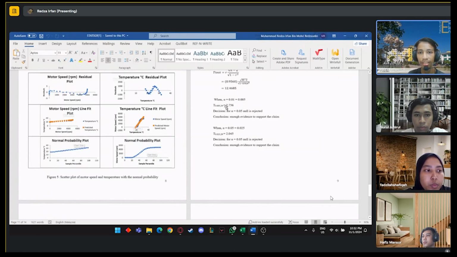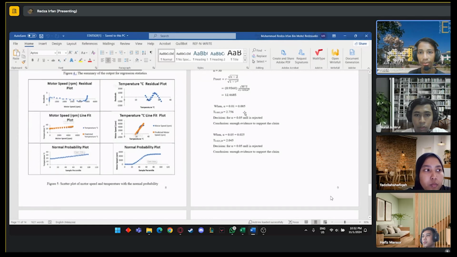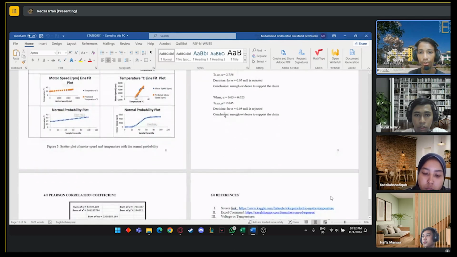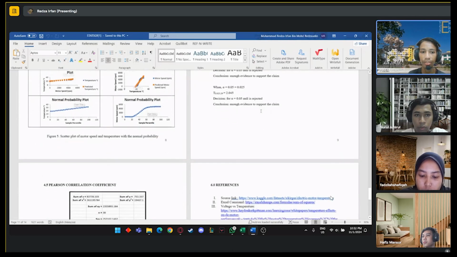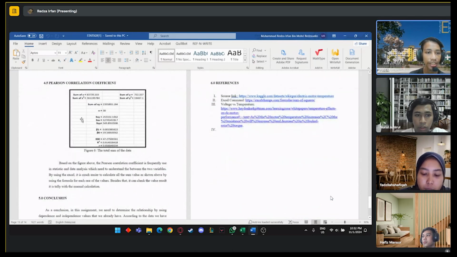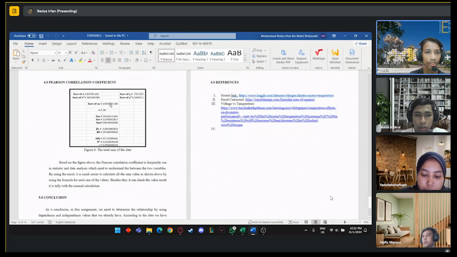This is the result for the t-test, and we already tested here the conclusion, which says there is enough evidence to support the claim.